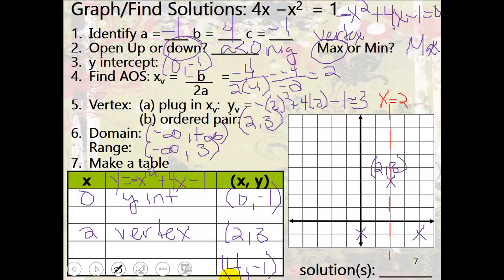And then I'm going to plug in a 1. So y equals -1 plus 4 minus 1. So that's going to give me (1, 2), like here. And symmetry is going to give me (3, 2).